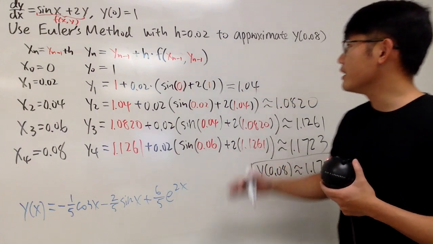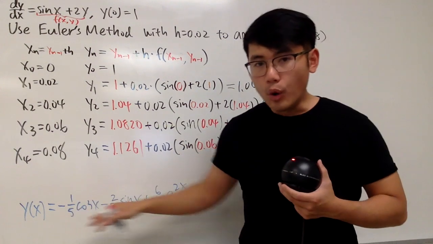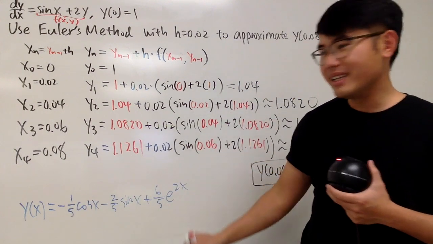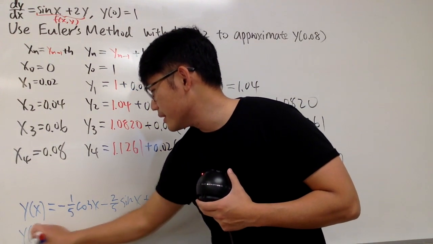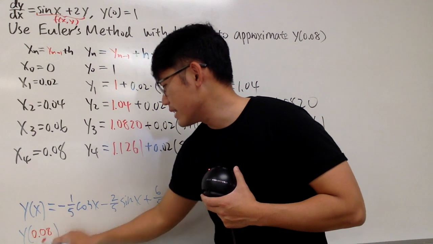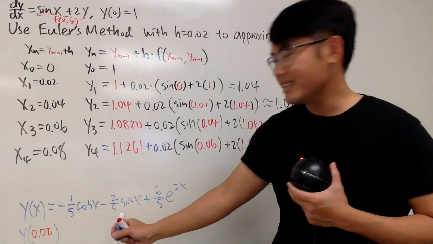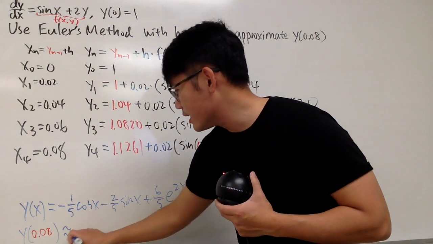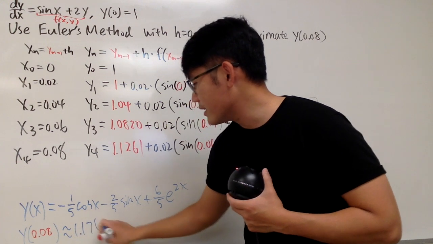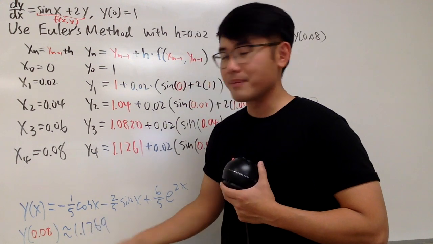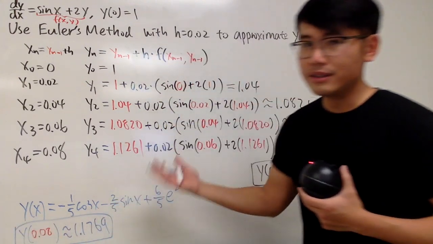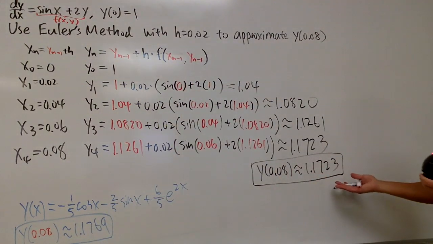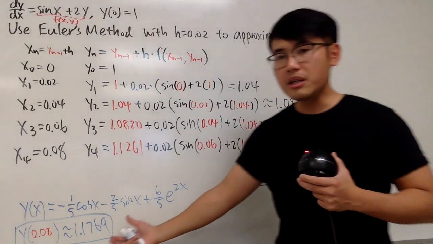If you put 0.08 in for x using the actual solution, you end up with y of 0.08 approximately 1.1769. So this is the actual solution, and this is our approximation. As you can see, it's actually pretty close.